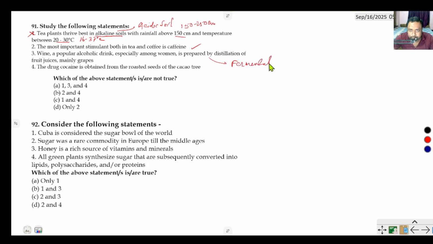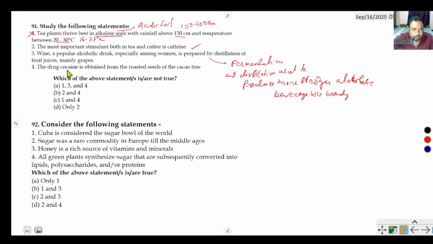Fermentation and distillation are used to produce stronger alcoholic beverages like brandy.